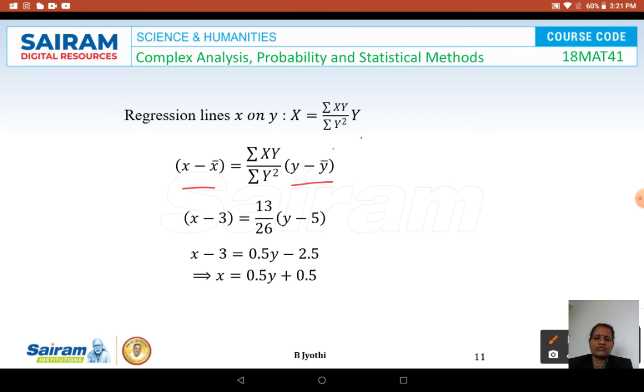Substituting the values, x bar was 3, y bar is 5, summation xy is 13 and summation y square is 26. On substitution and simplification, we get the equation x is equal to 0.5y plus 0.5. So this is the regression line x on y.